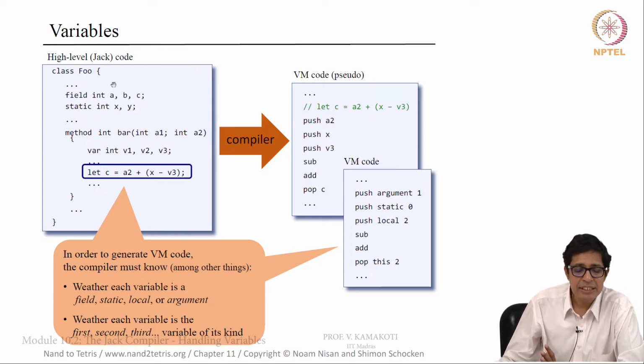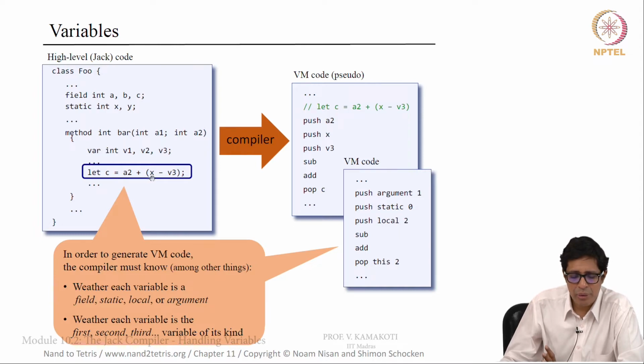Now, this will point to some memory location, say 1000. In 1000 a will be stored, 1001 b, 1002 c. Similarly for static, without loss of generality, let us say at 0 x is stored and at 1 y is stored. With that, let us see what we need to do here.